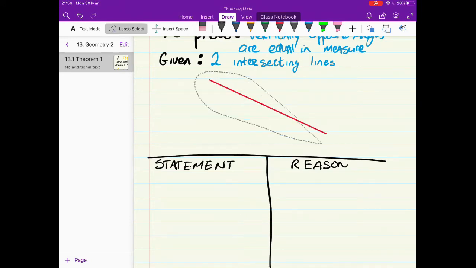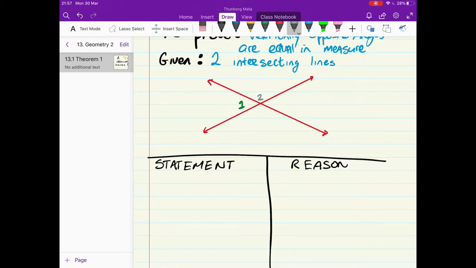I want to make sure I have actual straight lines. So I'm going to do one straight line there, and then copy that. Okay, well there I have two intersecting lines. And again, just to make sure they're lines, I'm going to stick the arrows on the end of each line segment to turn it into a line.